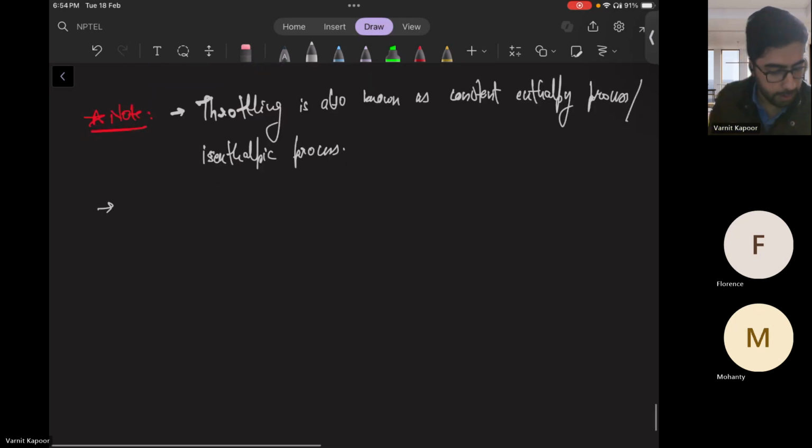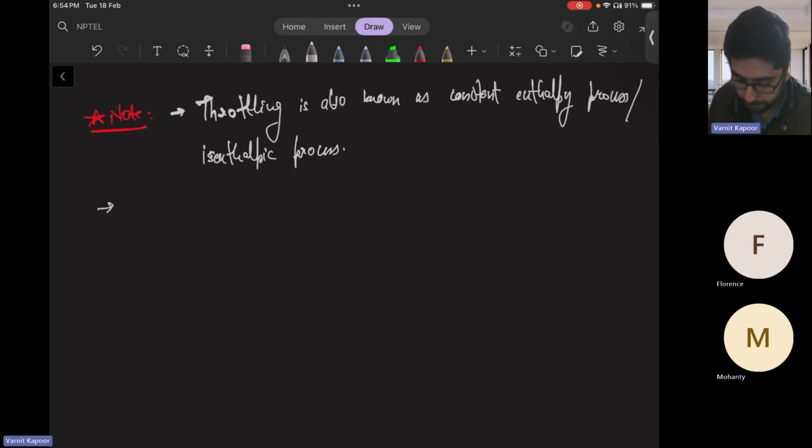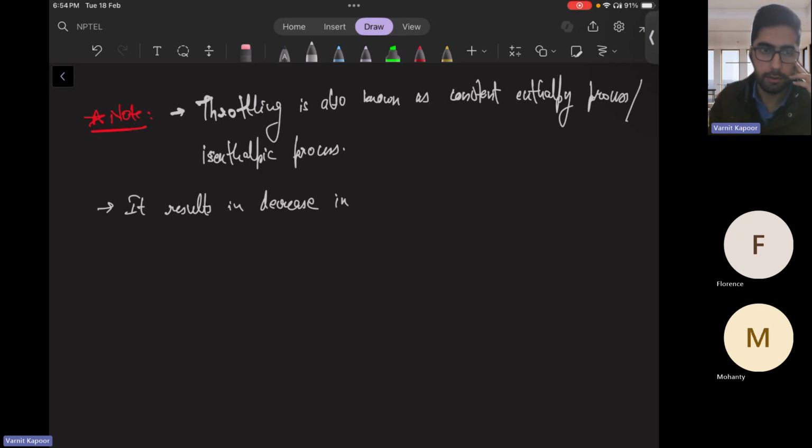Next point, results in decrease in pressure. This you will understand very well in your refrigeration and air conditioning subject, where you will understand the VCRS cycle. Throttling process is there, which is a constant enthalpy process. Expansion of the fluid happens there.